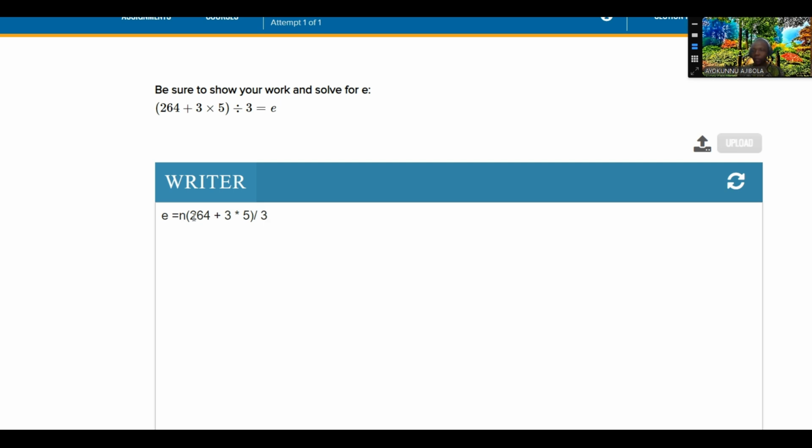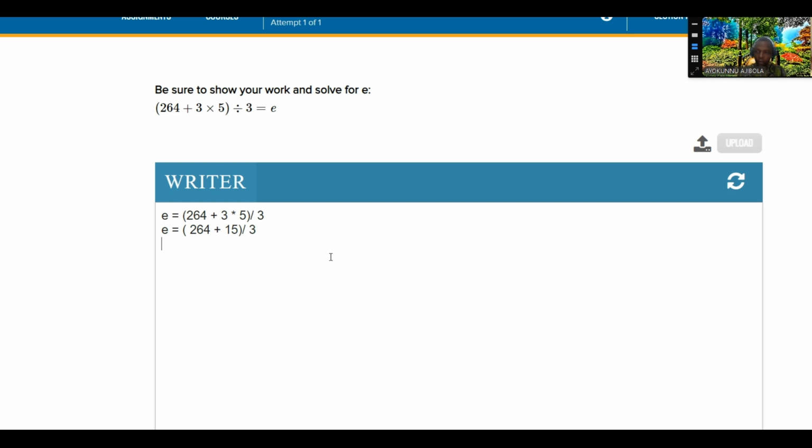So trying to solve this, that division is going to come last. So we have E equal to, what's in the bracket is 3 times 5 first. That's multiplication before addition. So we have 3 times 5 to give us 15. So we still have 264 plus, then we put 15, close our bracket, then we divide by 3.